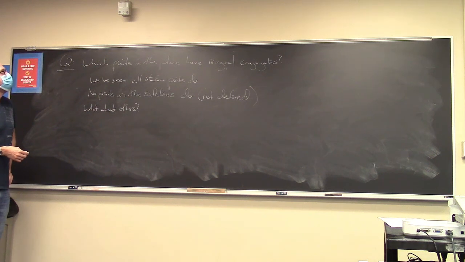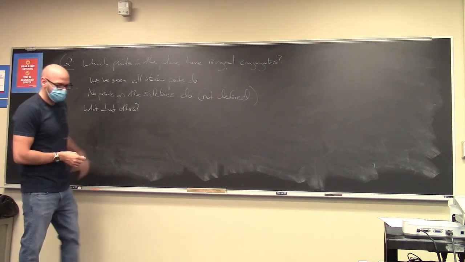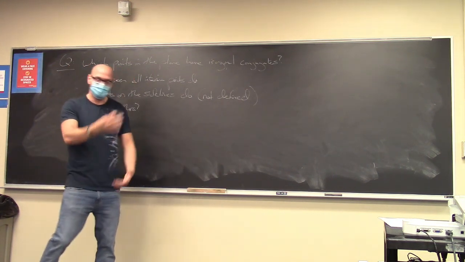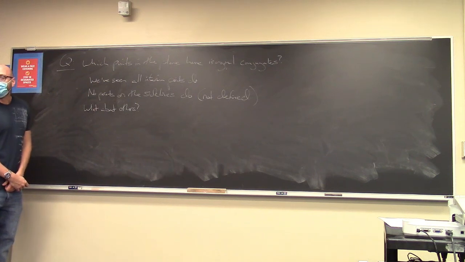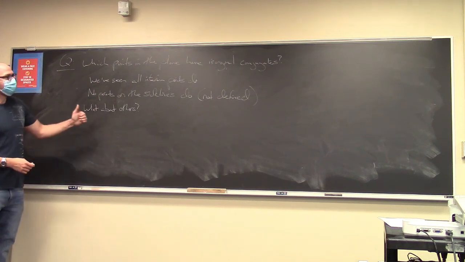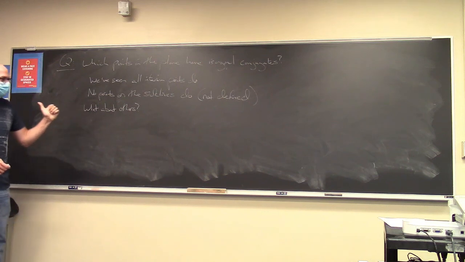So when wouldn't we have isogonal conjugates? Well, we're taking three Cevians, we're looking at their isogonals, and we're looking at a point of concurrence between them. So the only way I wouldn't have that is if my isogonal Cevians are parallel.